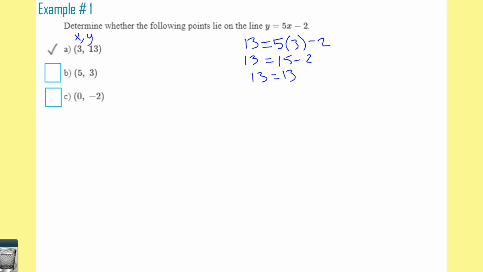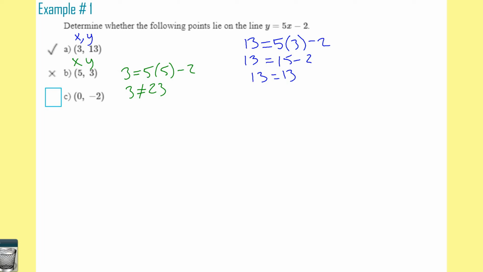Okay, so then we check B. So I'll make this my x and this my y. So is 3 equal to 5 times 5 minus 2? No, 3 does not equal 23. So since that's not true, this one is not on the line.